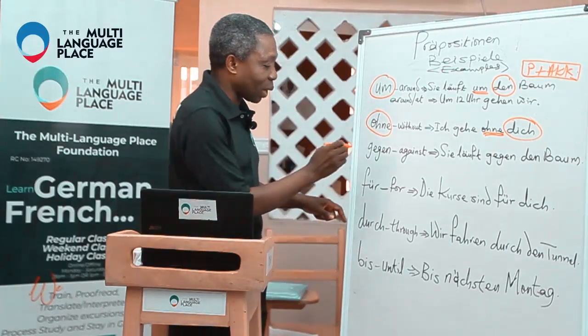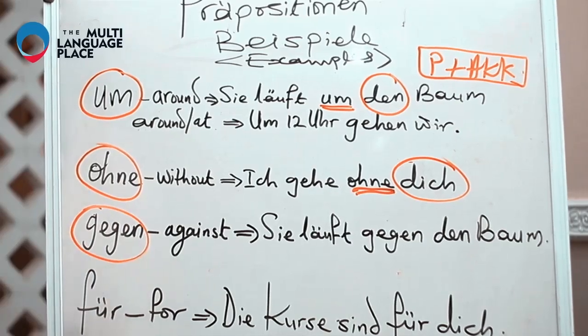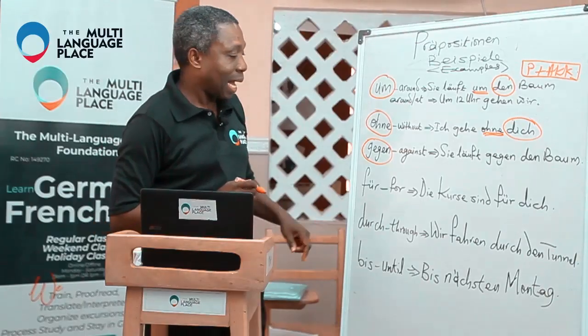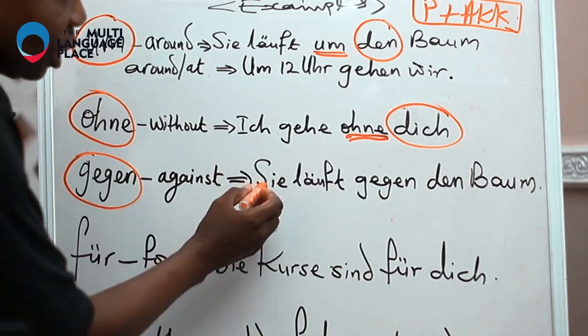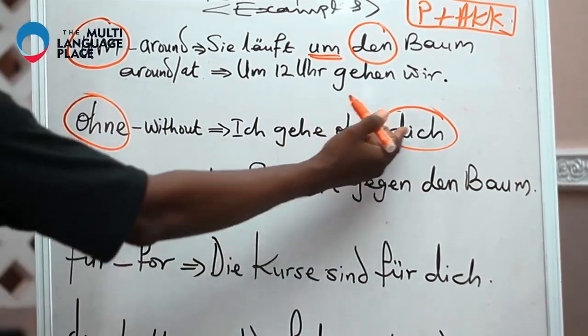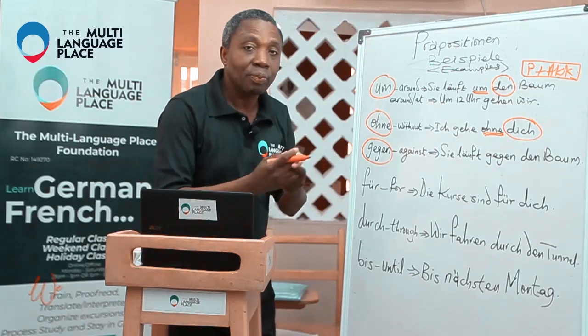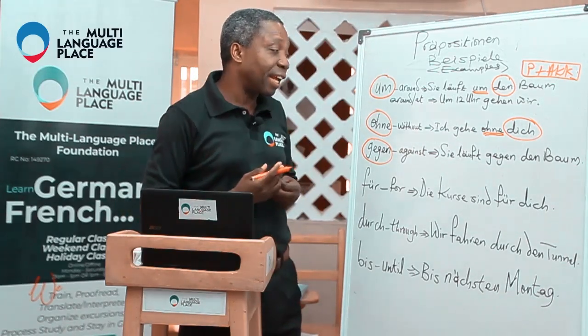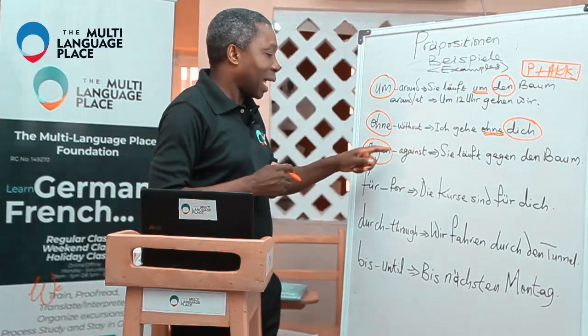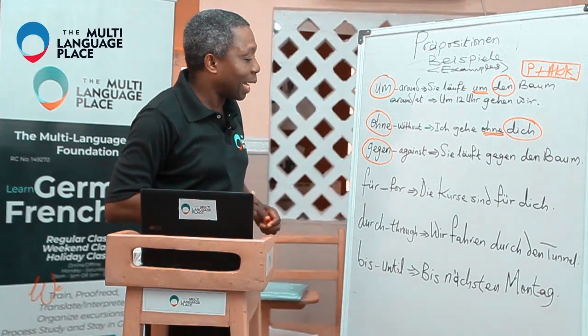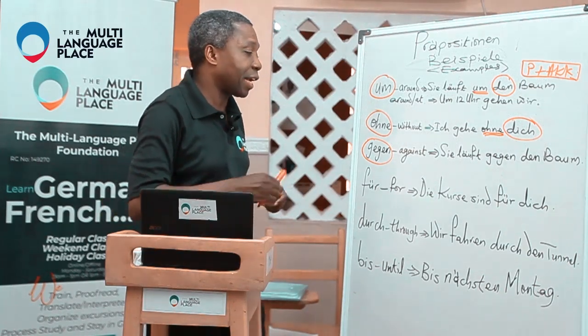Okay, then we go to the next one, gegen. Gegen means against. This one, ich gehe ohne dich, simply means I am going without you. Ich gehe ohne dich. And then the next one, gegen. It means against.